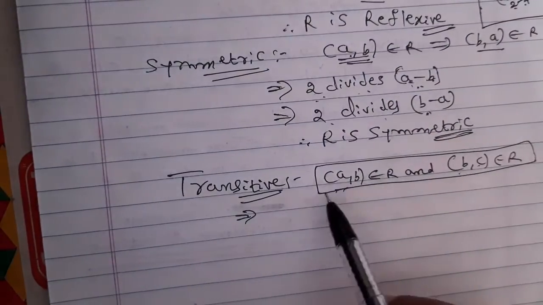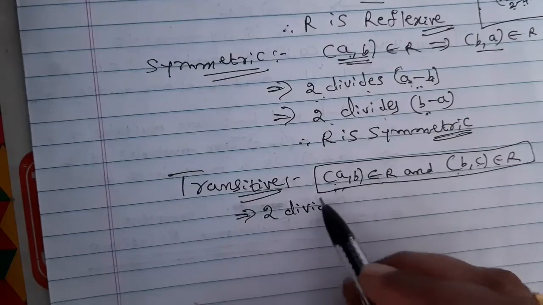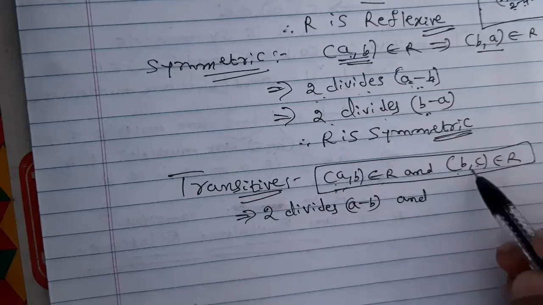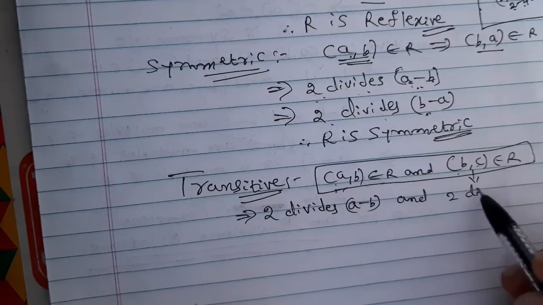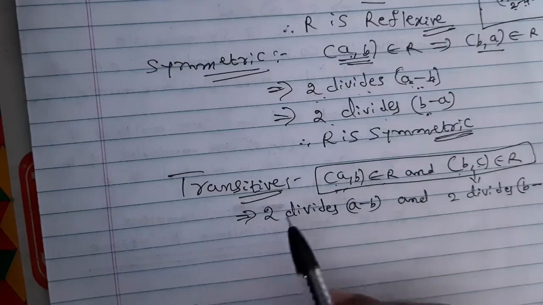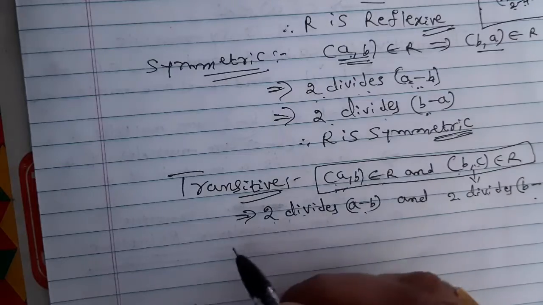Similarly, (a, b) belongs to R means we can simply write 2 divides a minus b. And similarly, you apply the definition for this: 2 divides b minus c. Very, very easy. 2 divides the difference.